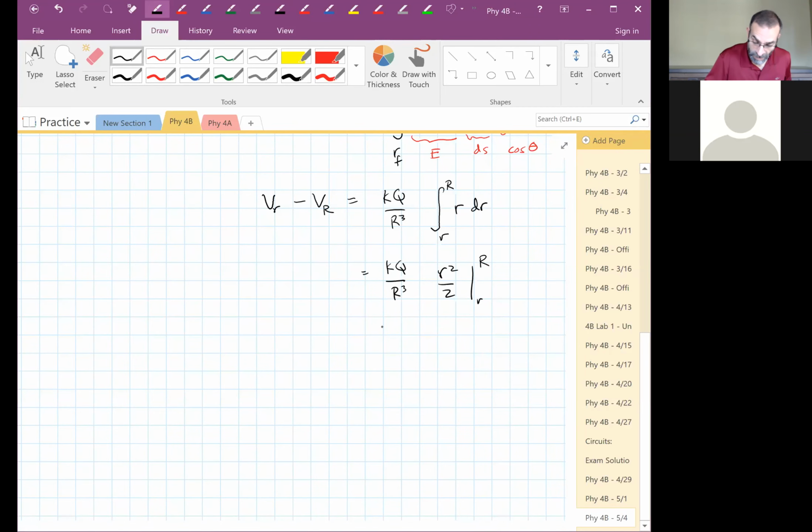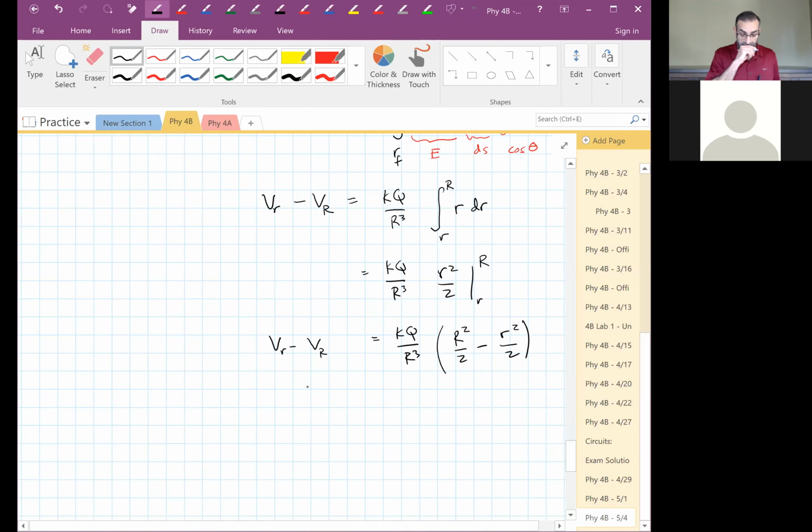So what do we get here? We get a constant, capital R squared over 2 minus r squared over 2. Okay, let's check our signs. All right, so what is this one?